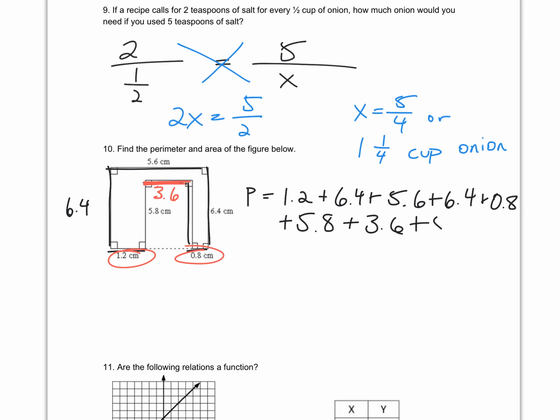And then your last 5.8. So we're going to find the sum of this: 1.2 plus 6.4 plus 5.6 plus 6.4 plus 0.8 plus 5.8 plus 3.6 plus 5.8. I got a total perimeter of 35.6 centimeters.